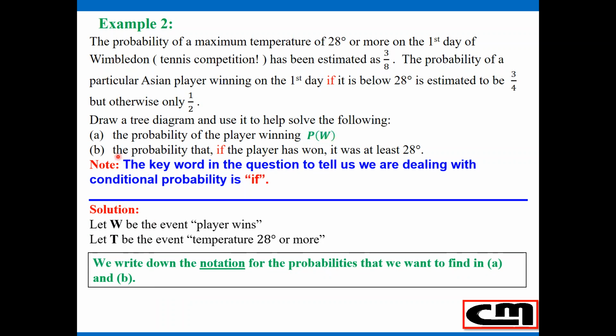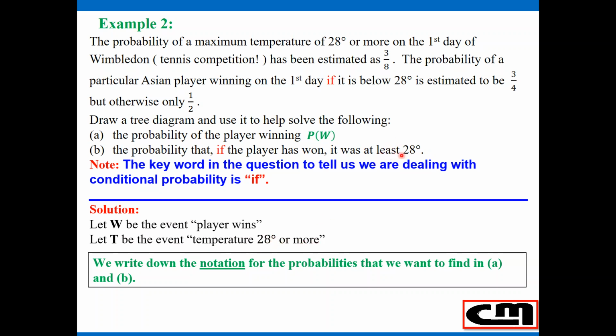Then the B, the probability that if the player has won, it was at least 28 degrees. At least 28 degrees means the smallest temperature that we can have is 28 degrees or more, right? And if you look at our definition of T, T is the event temperature 28 or more.